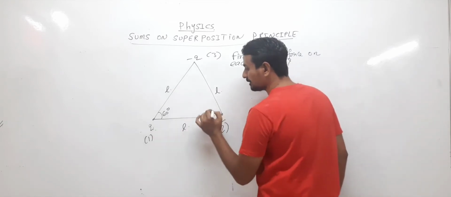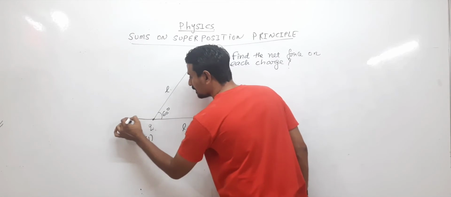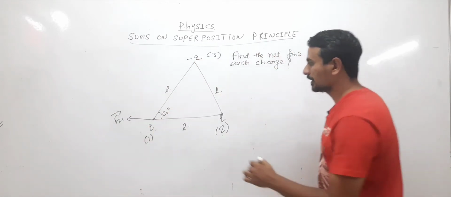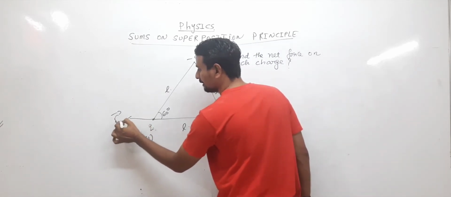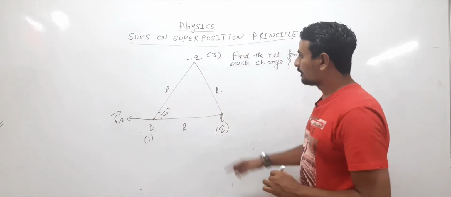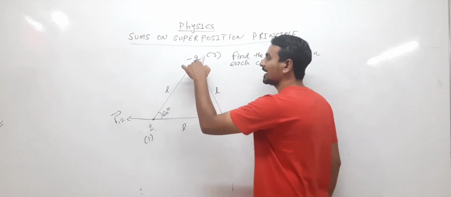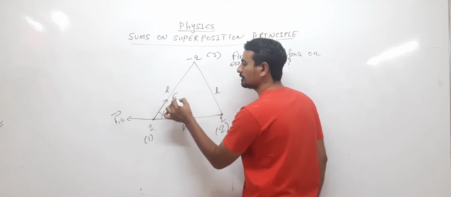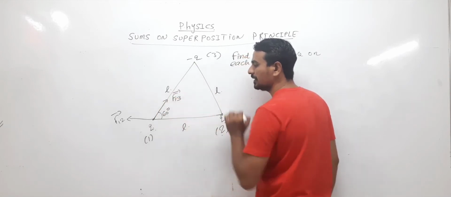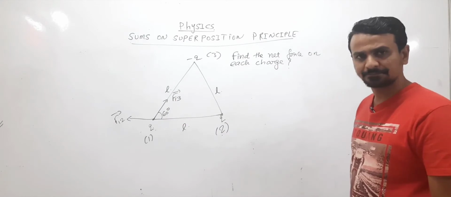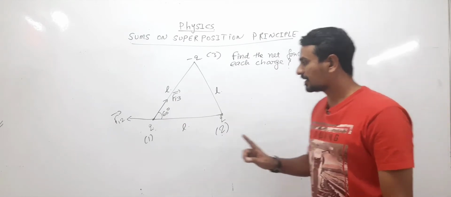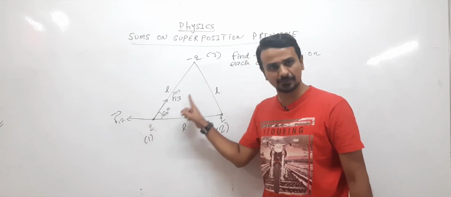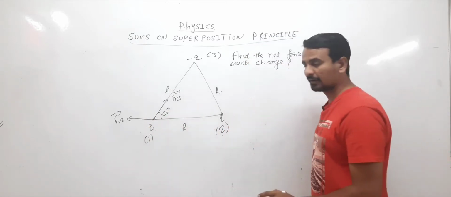Force on 1 because of 2: 2 will repel 1, so this will be the force, right? Force on 1 because of 3: that's a negative charge, so it will attract this charge. So this is the force on charge 1 because of 3. Clear? Okay. Of course, magnitude wise, the force on 1 because of 2 and the force on 1 because of 3 will be the same.